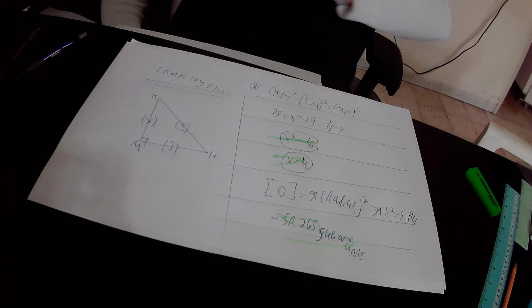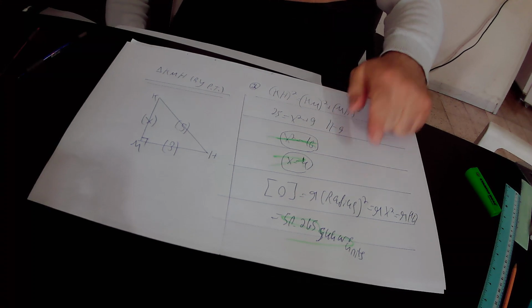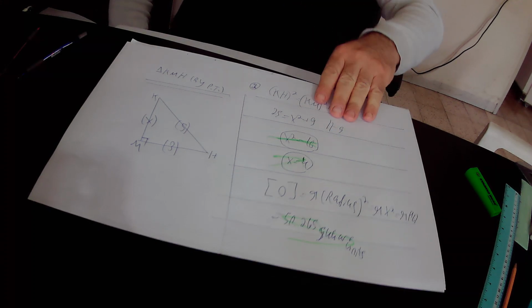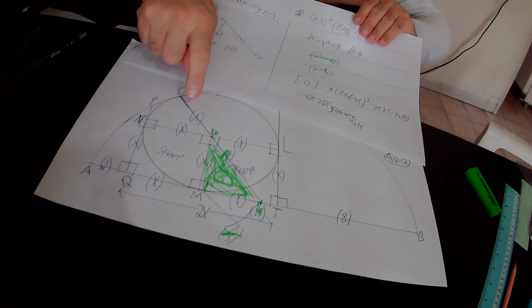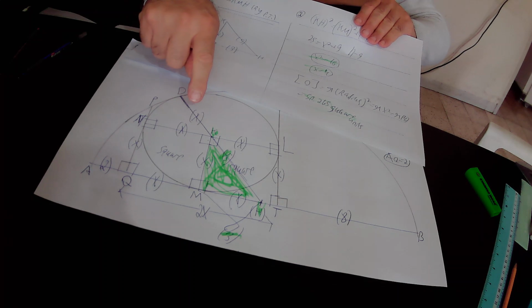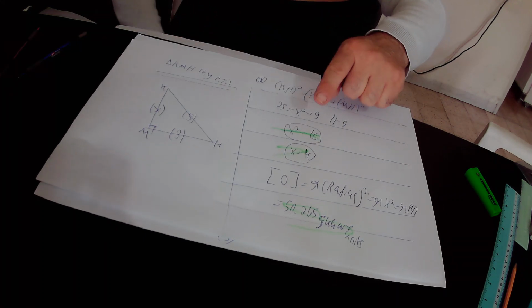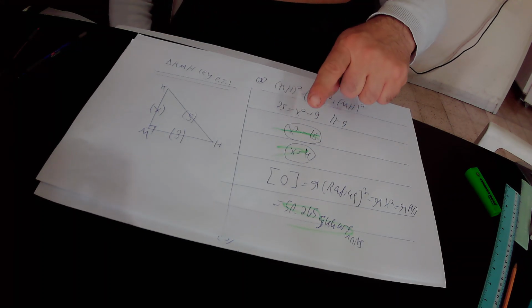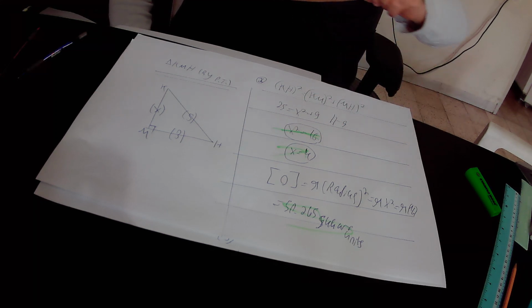We know that the area of any circle equals pi times the radius of the circle squared. Therefore, the area of our circle equals pi times the radius squared. The radius of this circle is x, therefore the radius squared is x squared. So the area of our small circle equals pi x squared.